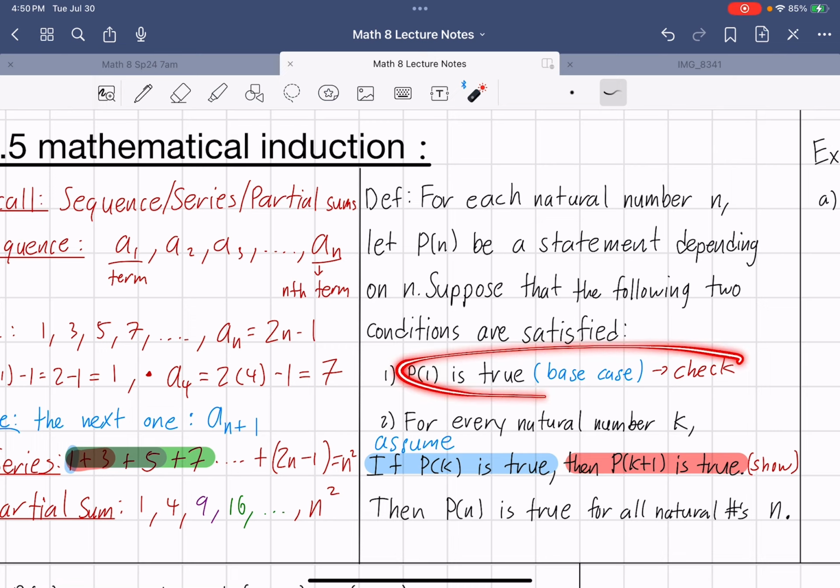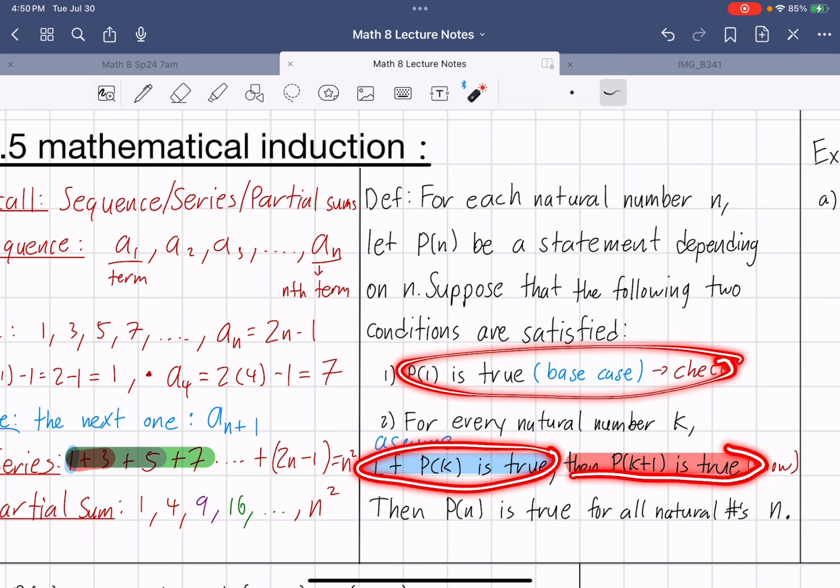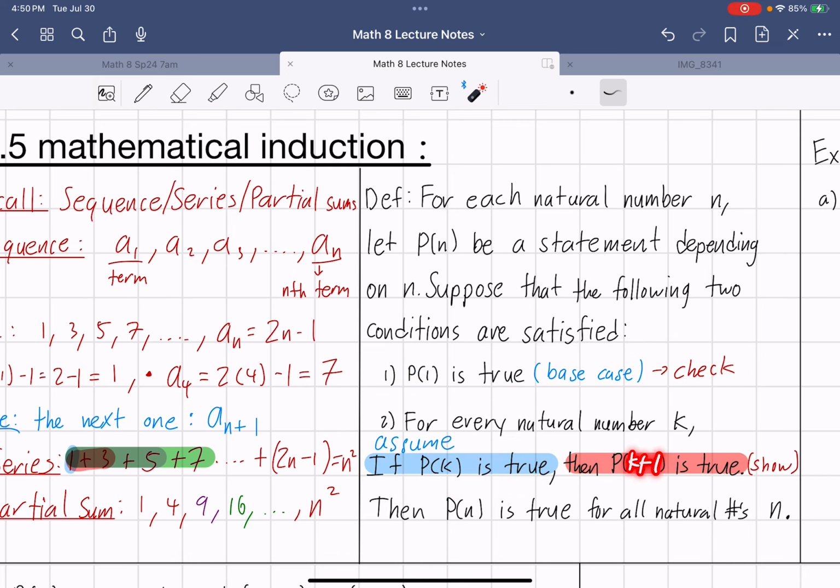So if the first one works, and then I assume every other number should work, then that means, remember, that K plus 1, the next one, should work. So that covers all our bases. The first one's working, every other number after that should work. And we're even saying that if you check up to some crazy number, even the one after that is also going to work. Like it's going to work forever. And that's kind of the setup.